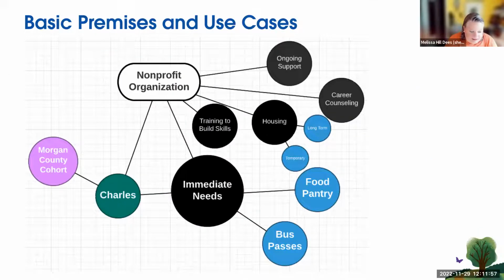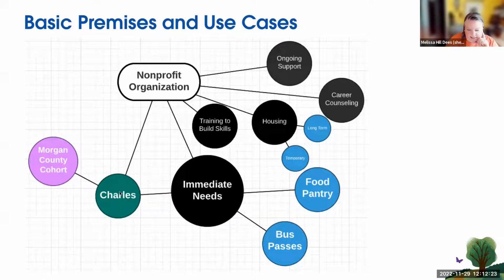Again, back to my visualization, right? So here's the nonprofit organization itself. Here's each of its programs, right, in the black circles. Each of those programs may or may not have specific services that they offer, right? So the immediate needs, a bus pass, a food pantry.